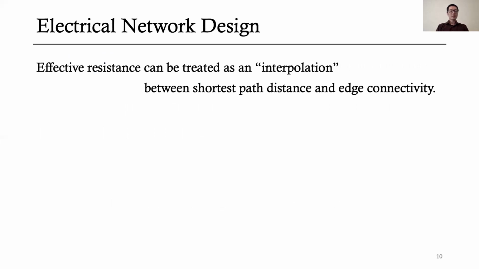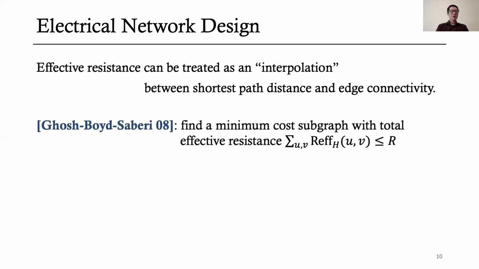For our next example, let's consider effective resistance. Effective resistance can be treated as an interpolation between shortest path distance and edge connectivity. In many applications, it could be a better measure of well-connectedness than the shortest path distance and the edge connectivity. Ghosh, Boyd, and Saberi studied this problem where we want to find a minimal cost subgraph with total effective resistance bounded.